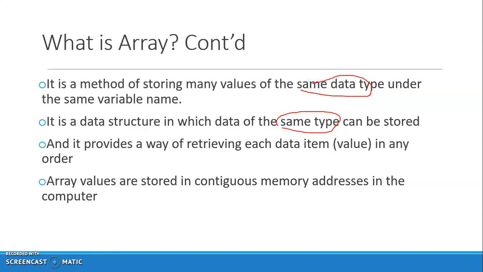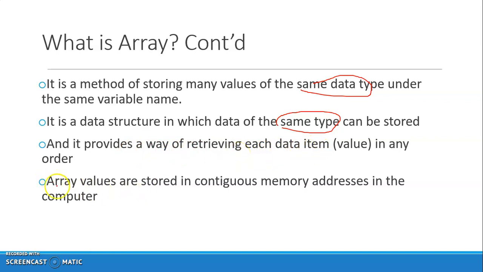It's a collection of data, yes, but the data is of the same type. So this is one characteristic of an array. We're going to see another one probably in the last bullet here. And it provides a way of retrieving each data item in any order. We are going to see what this means later.